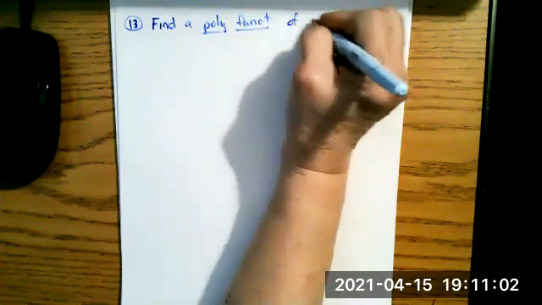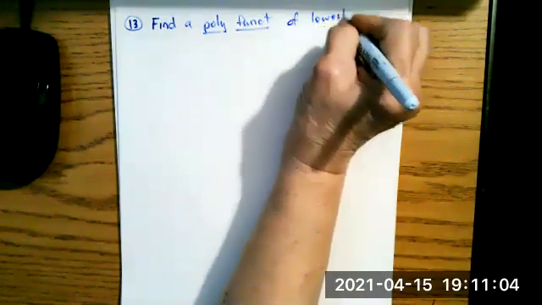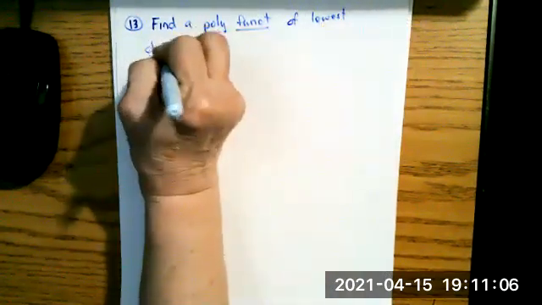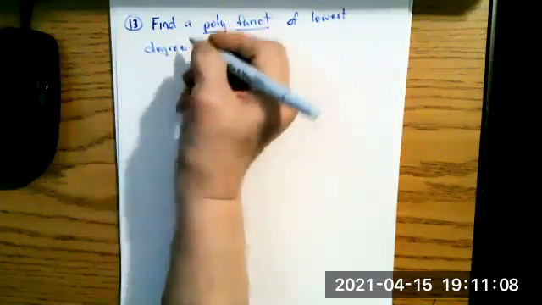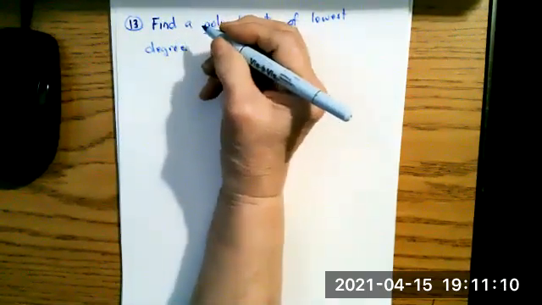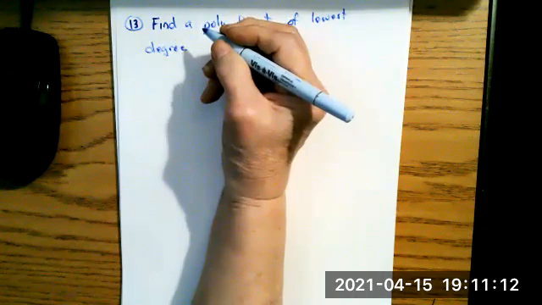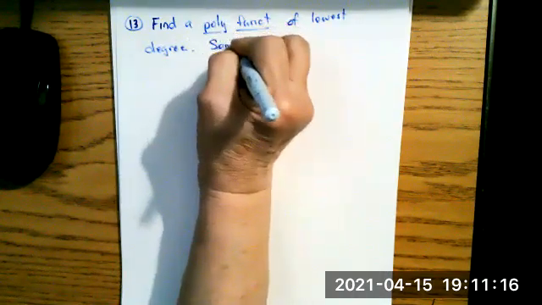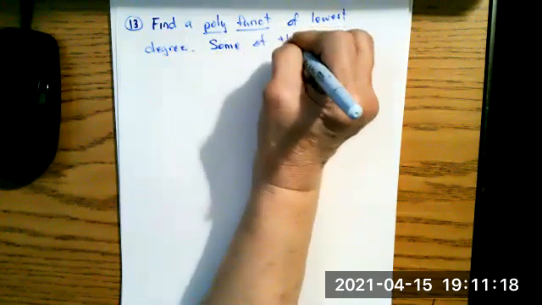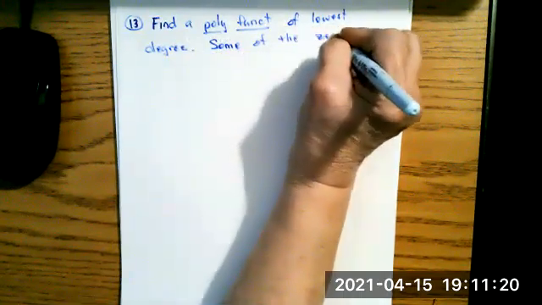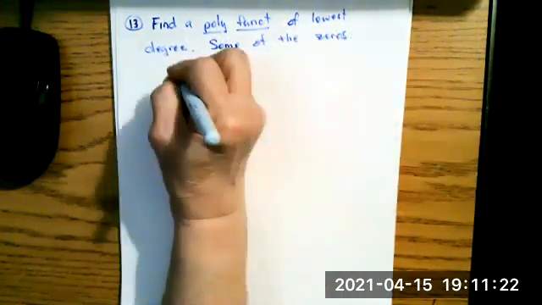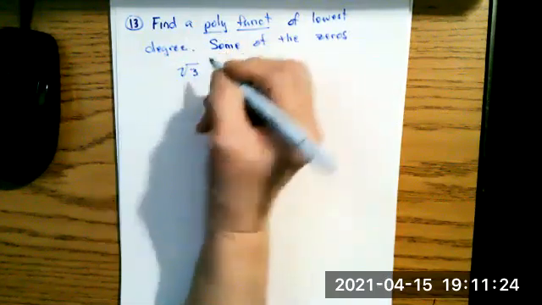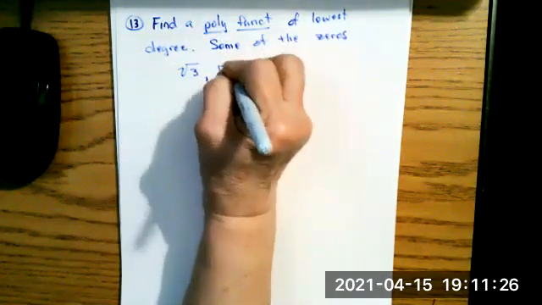It says of lowest degree, with rational coefficients, that has the given numbers as zeros. All right, they give us the square root of 3 and they give us 5i.